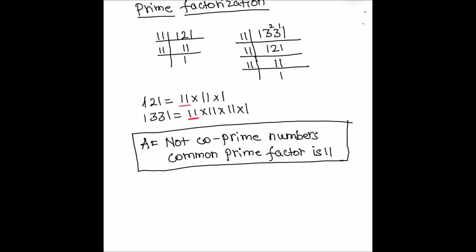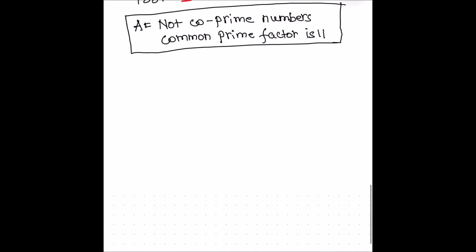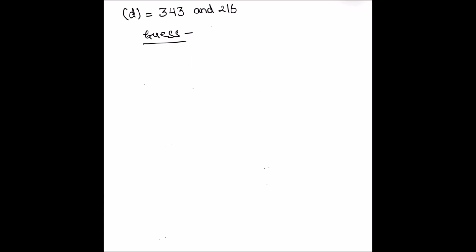Let's do the next part, which is part D. We have two numbers as 343 and 216. One is an odd number and the other one is an even number. So the guess could be they do not have any common factor, so they are co-prime numbers. Our guess is no common factors.